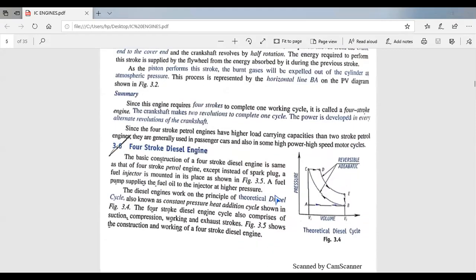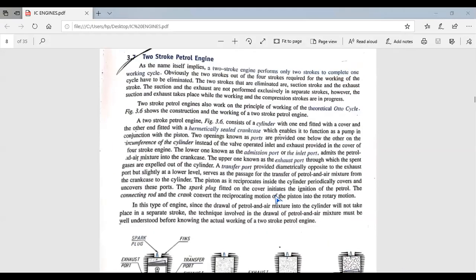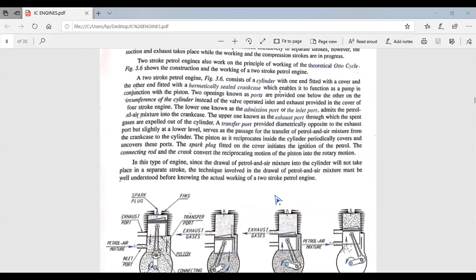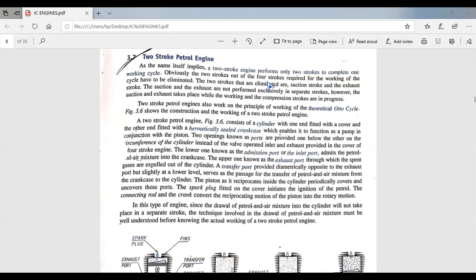We discussed the four-stroke petrol engine, the four-stroke diesel engine, the Otto cycle, the constant volume cycle and the constant pressure cycle. Next, we come to the two-stroke petrol engine.